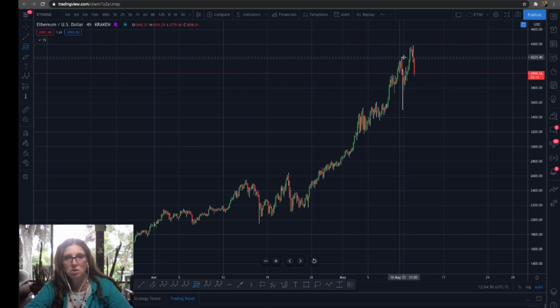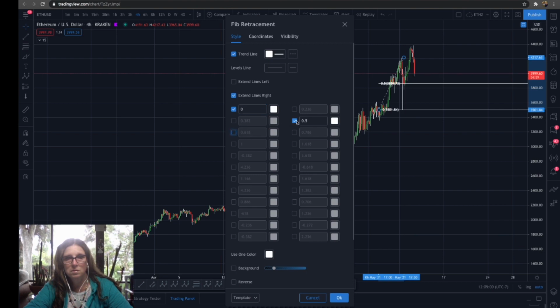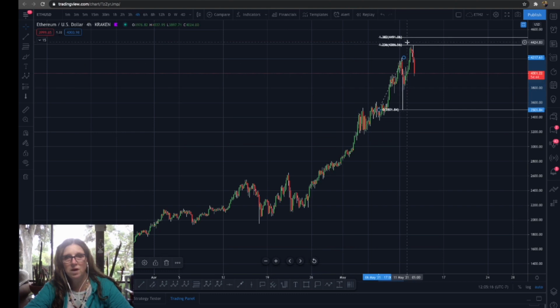So when we measure, see if this is an expanded B. And we put the expanded B pocket in there. There it is. Yes. So this came up in 3 waves and hit the expanded B pocket. So what we actually have here is we're creating an A, a B, and we're making a C down.